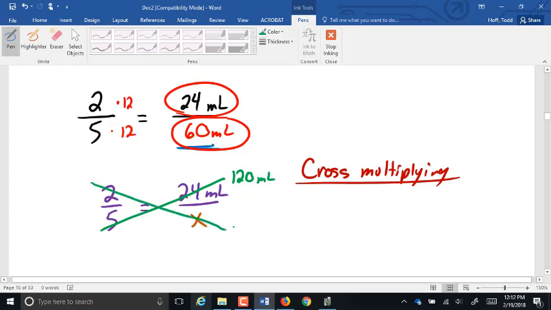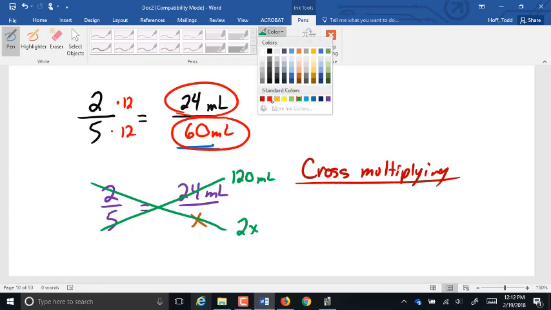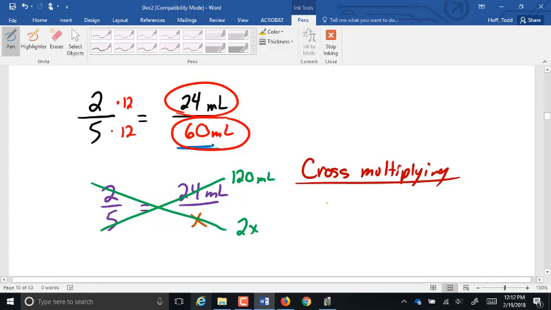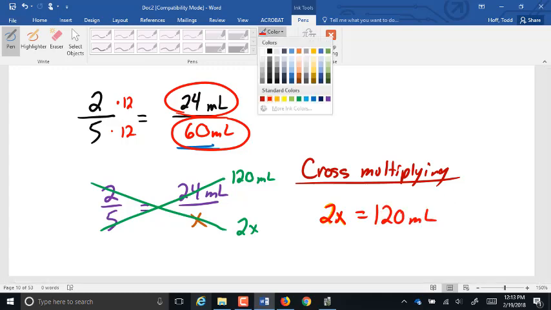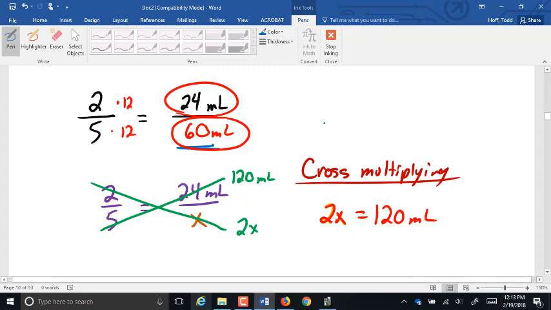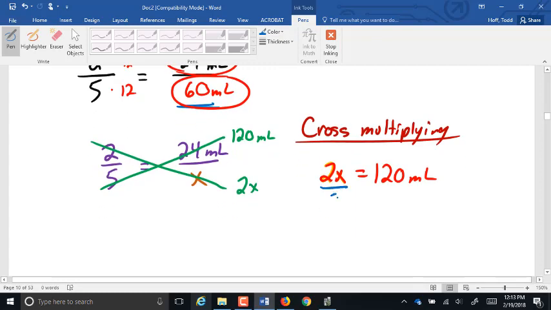Going this way, 2 times x is 2x. And those cross products have to be equal. So 2x has to equal 120 milliliters. So we solve that by dividing by the 2. X equals 60 milliliters.